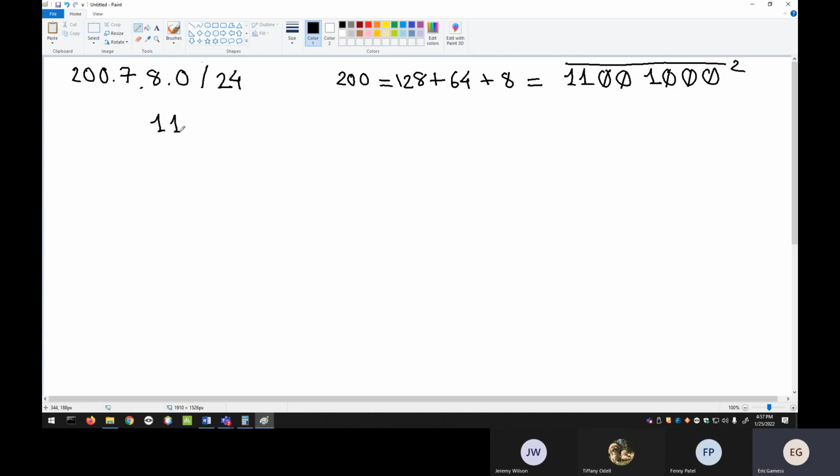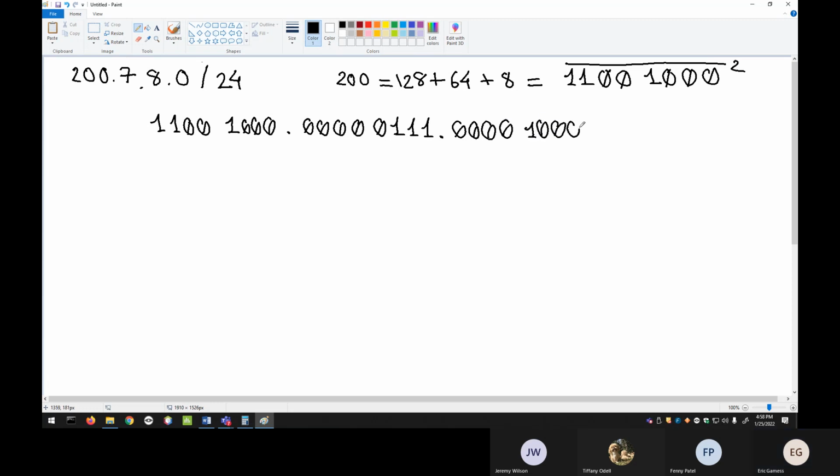So 200.7. So 7 is 4 plus 2 plus 1. Dot 8. So 8 is just 8, no? Dot 0.